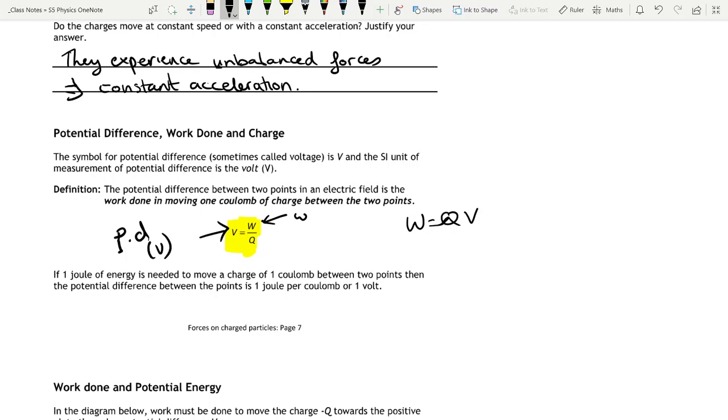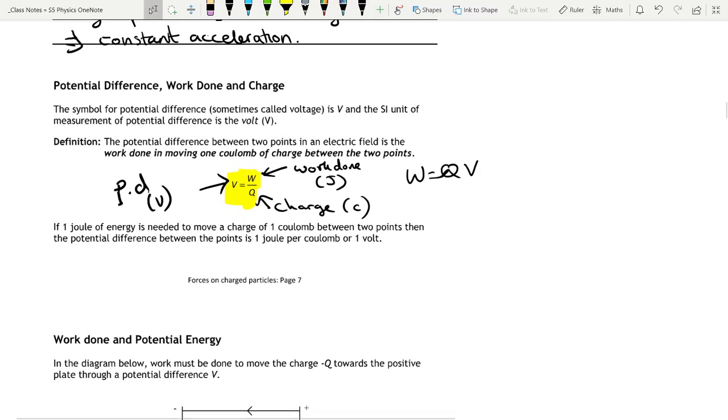W is the work done in joules because it's energy, and Q is your charge in coulombs. And if 1 joule of energy is needed to move a charge of 1 coulomb between 2 points, then the potential difference between the points is 1 joule per coulomb or 1 volt.